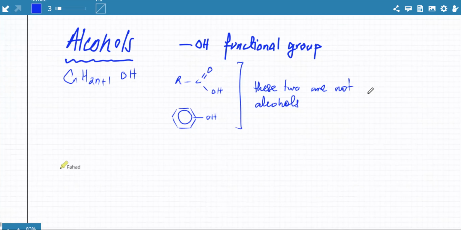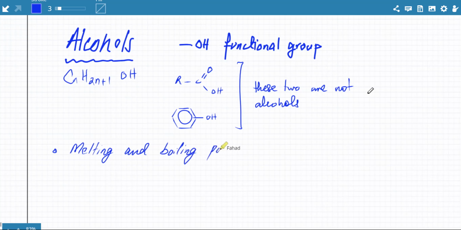First thing is melting and boiling points are relatively higher. So they're relatively higher, melting and boiling points.